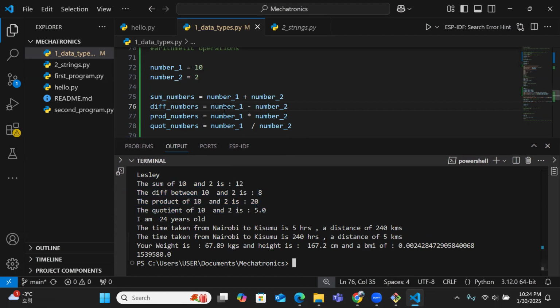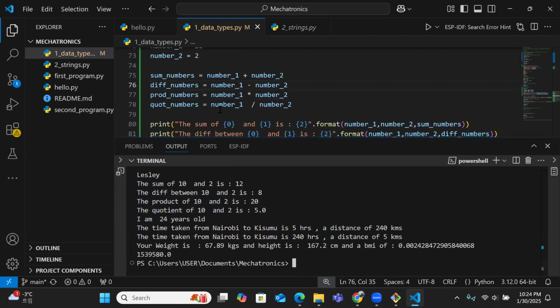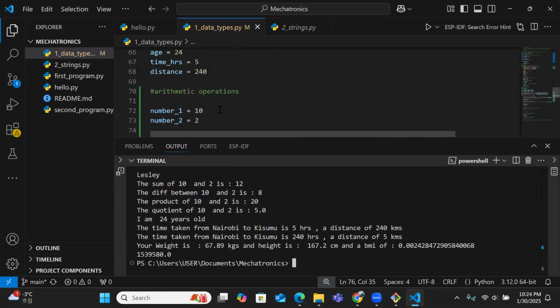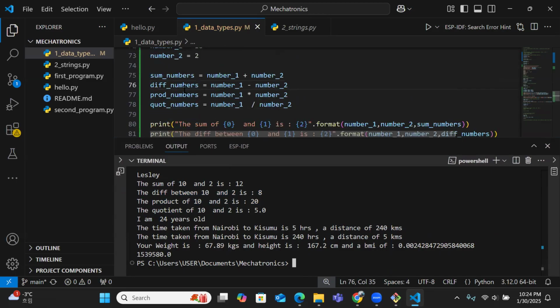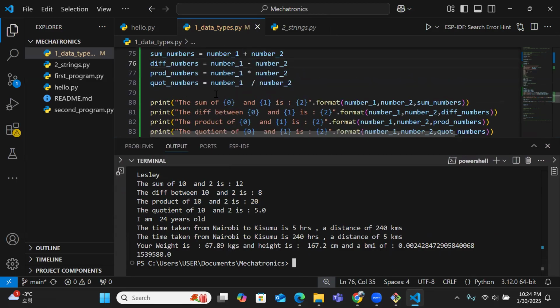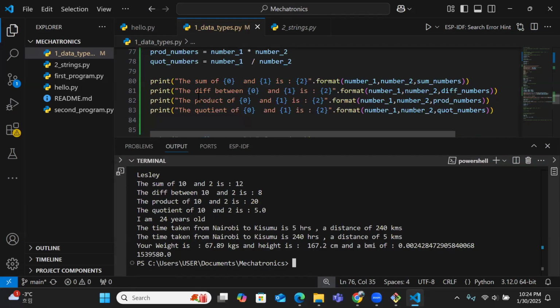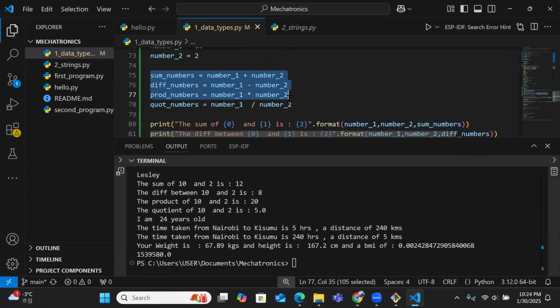Yes. So these are called arithmetic operations, and Python follows what is called the BODMAS rule. If you decide to do them together, the operation follows the BODMAS rule. We will do it again when we go deeper into integers.